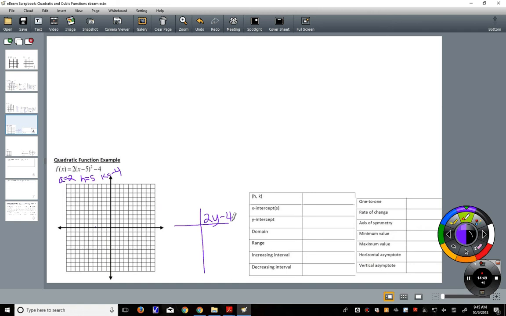Okay? There are separate things happening horizontally. Inside of here horizontally, we have this X -5. That means that H is actually a +5. Okay? What's happening to my graph here? What does H cause the graph to do? Yeah, left or right, right? Which direction are we going in this case?